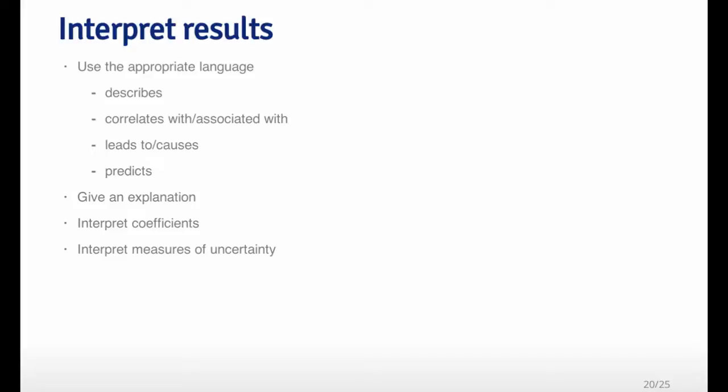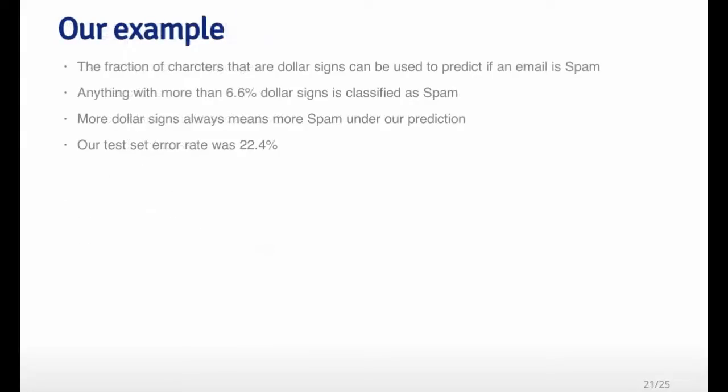Think carefully about what kind of language you use to interpret your results. It's good to give an explanation. If you can think of why certain models predict better than others, it'd be useful to give an explanation of what you think that is. If there are coefficients in the model that you need to interpret, you can do that here. In particular, it's useful to bring in measures of uncertainty to calibrate your interpretation of the final results.